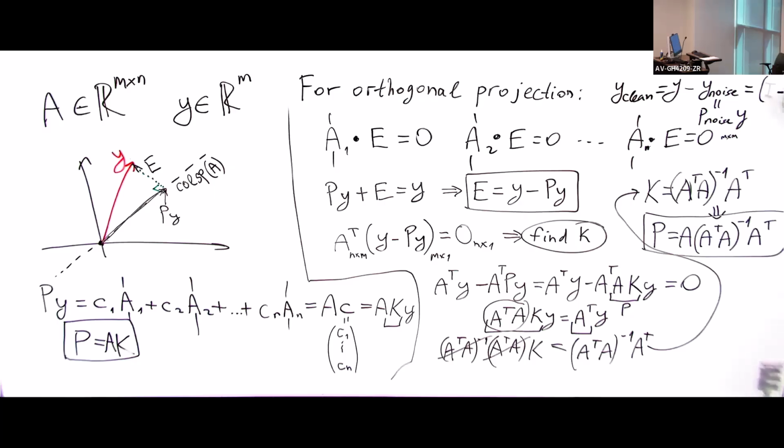It will be I times Y, which is still Y, and this will be P noise times Y, which is Y noise. So this operator is practically P signal, I minus P noise. Multiplying P signal by Y gives you Y clean. All right?